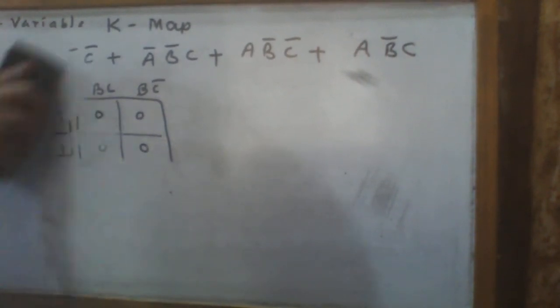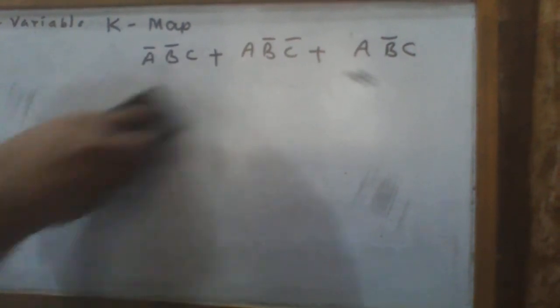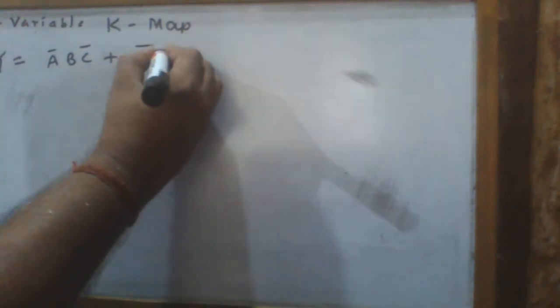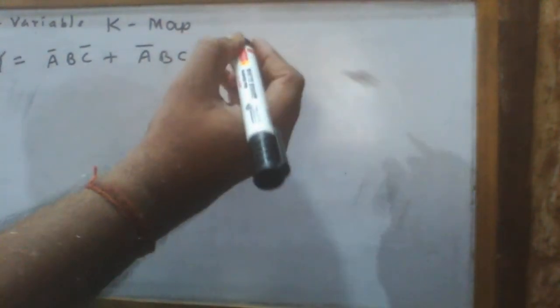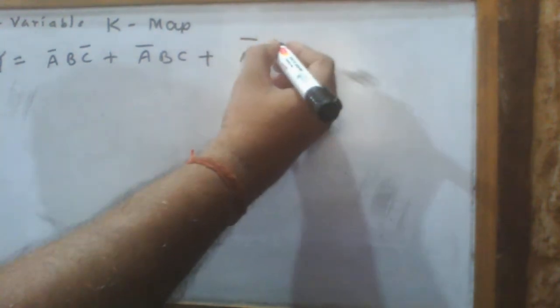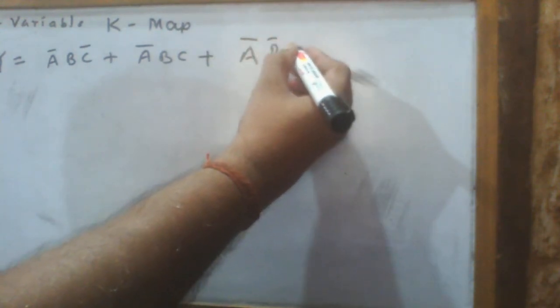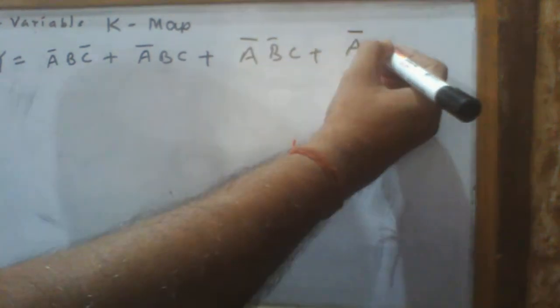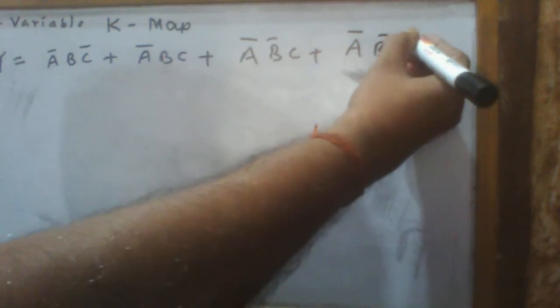Here, suppose the equation is given having 3 variables, and the equation is y is equal to A bar B C bar plus A bar B C plus A bar B bar C plus A bar B bar C bar.